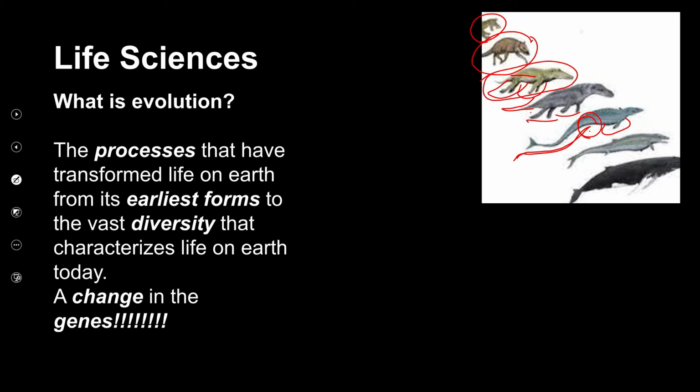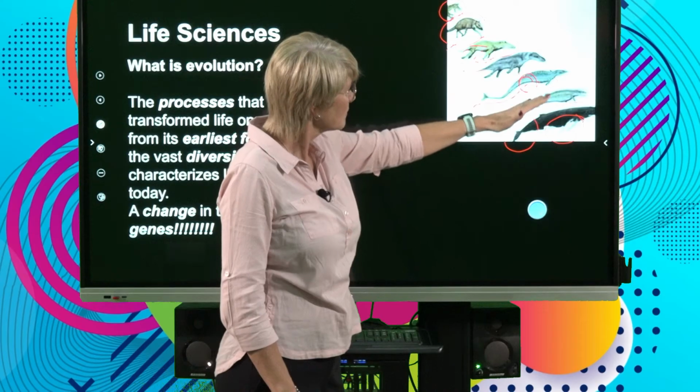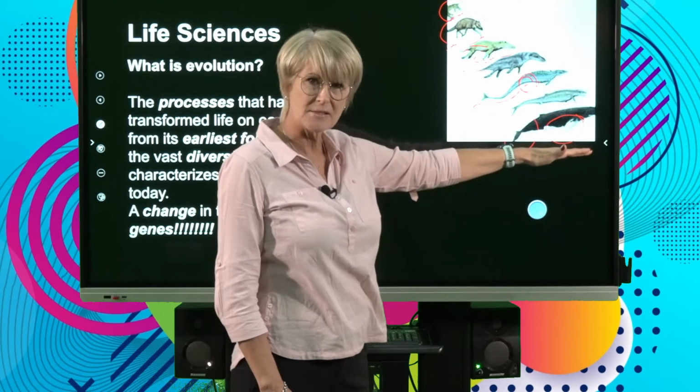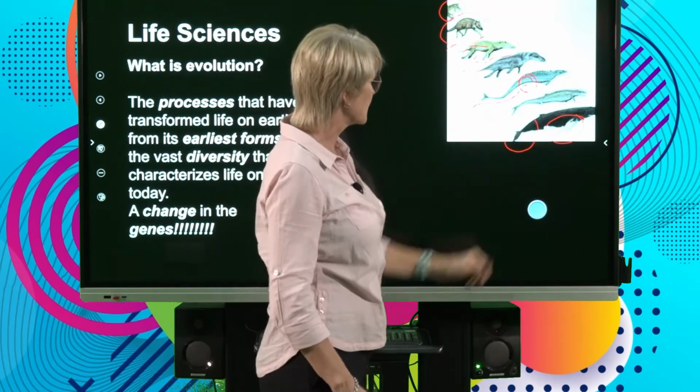When we look at the next one, the body has become more elongated and the tail is becoming a little bit stronger, so that it's a little bit closer to what we know. In the last diagram, this is the whale as we know it today. This doesn't take place in a couple of years, it takes place over a very long period of time, but we do have evidence of this evolution, and we can see really nicely how it takes place.